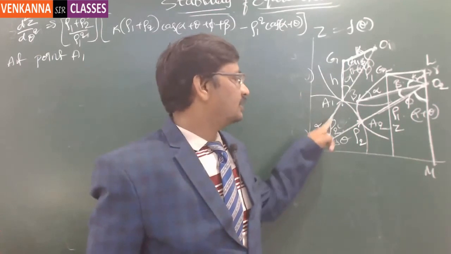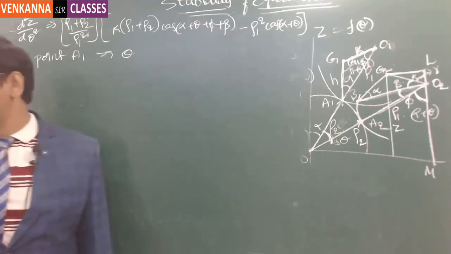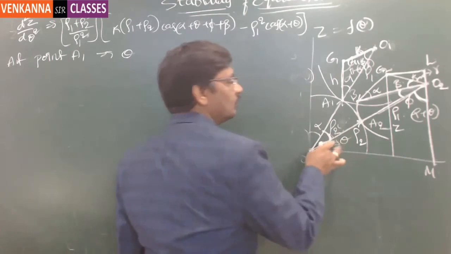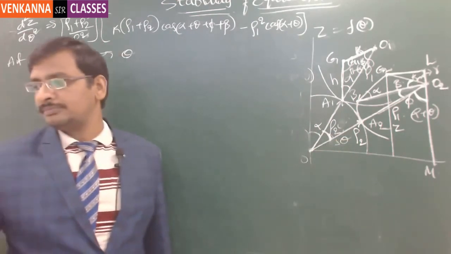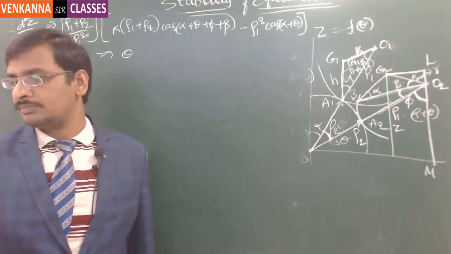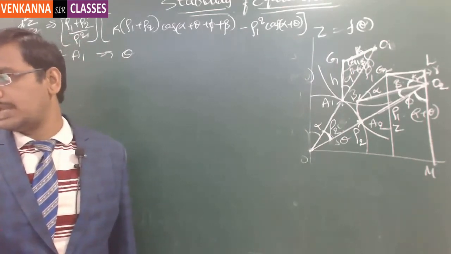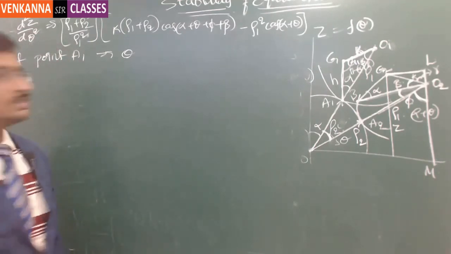Now the initial condition is nothing but at point A1, what is the value of theta? Theta is the angle between the initial position and the moved position. What is the theta value at point A1? So this is going to be 0.